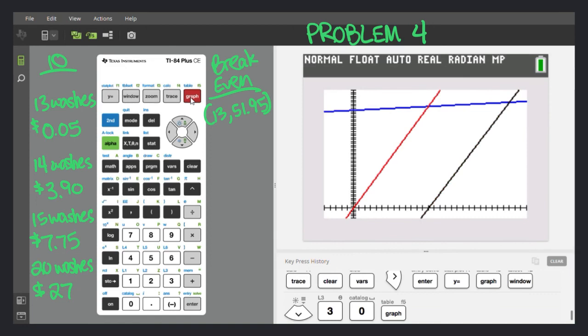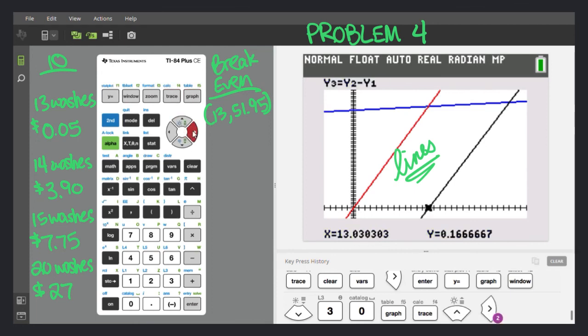And number 12 is asking you to describe the graph. So let's talk about that briefly. First thing is I want to mention that all three of these are lines. So it's a linear graph, and we're talking about the black graph now specifically. The graph is negative all the way up to this value here. So I could find that value by pressing trace up and just getting close.